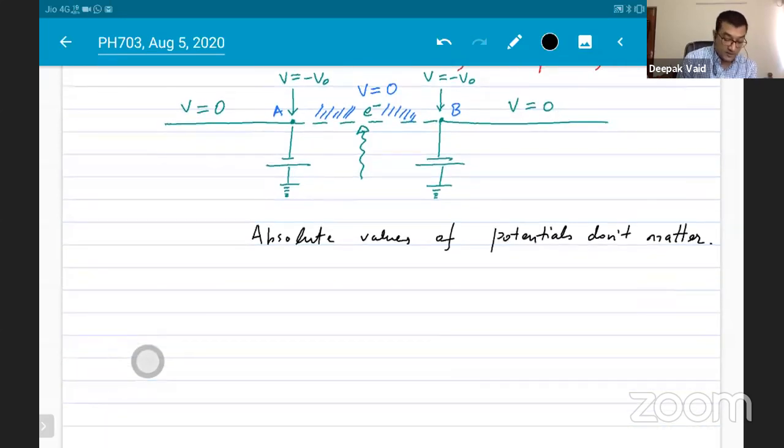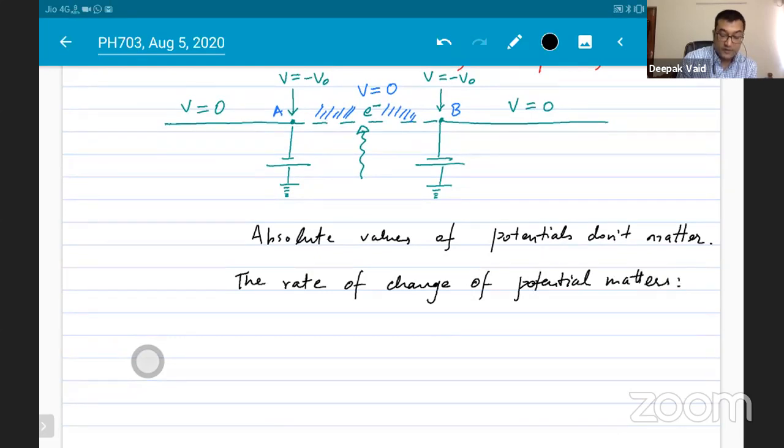What matters is the rate of change of your potential as a function of distance, right?